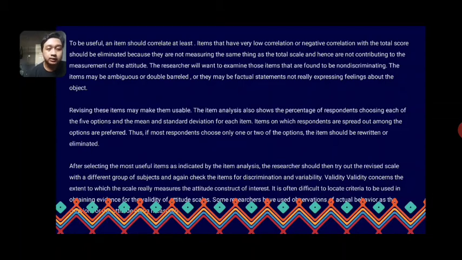Validity concerns the extent to which the scale really measures the attitude concept of interest. It is often difficult to locate criteria to be useful in obtaining evidence for the validity of an attitude scale.